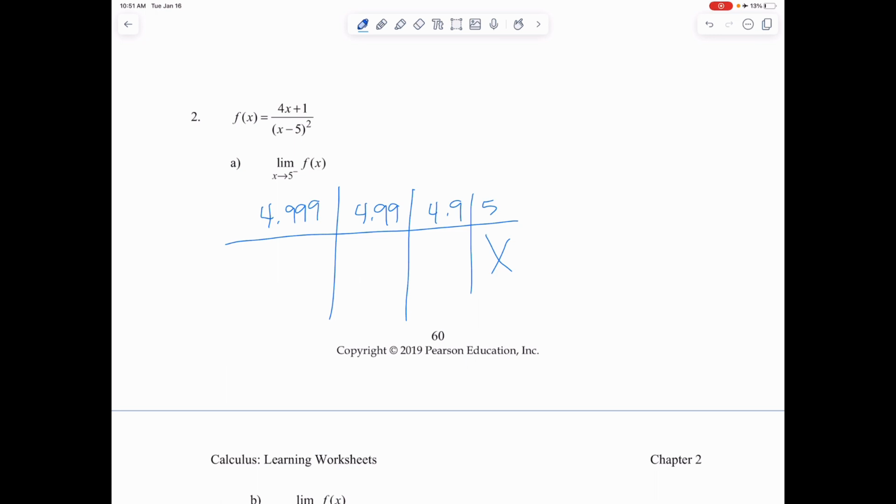Four times 4.9, plus 1 over 4.9 minus 5 squared. 2060.